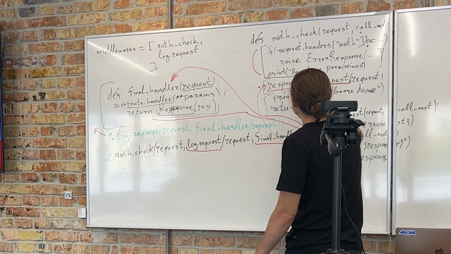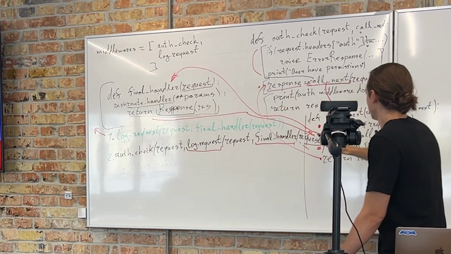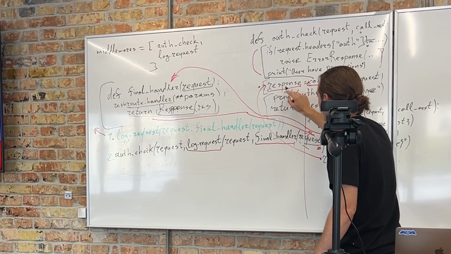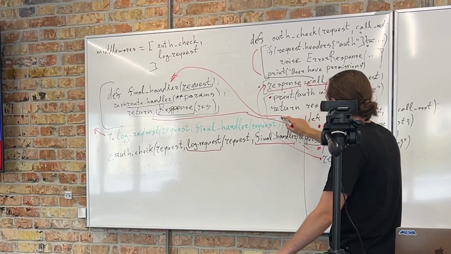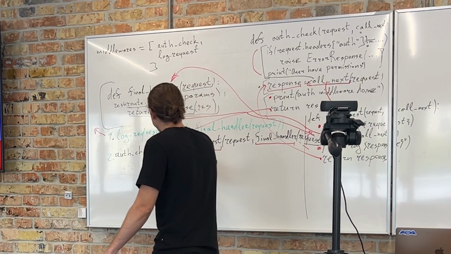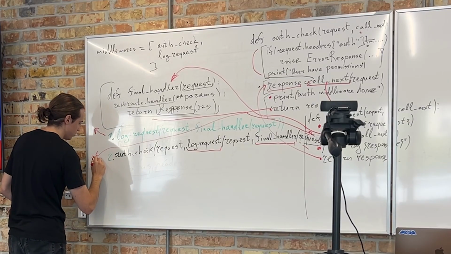So now we have a response that traveled from final handler to log request and then to auth check. We will do some logic here and return our final response.